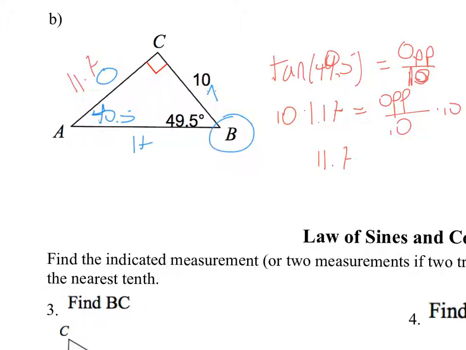I might Pythagorize to get that third side, or I could use sine or cosine. It doesn't really matter. But when I do that, I should get something like h is equal to the square root of 10 squared plus 11.7 squared.